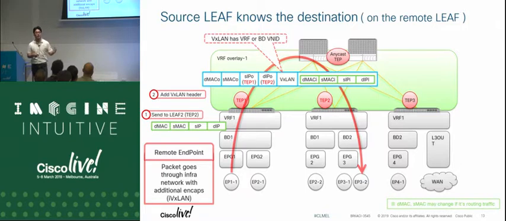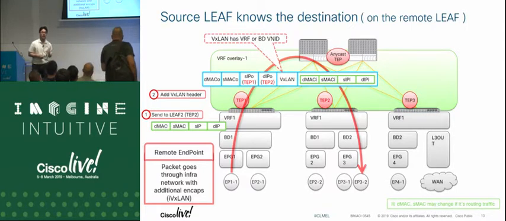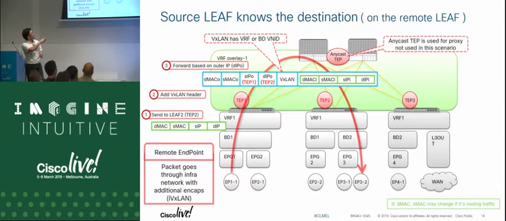So spine just sends it directly to leaf 2 without even looking at this inner header. So spine doesn't know what this packet actually is. It just sends it to leaf 2 only based on this outer header information. In this scenario, this anycast TEP address in here is not used.